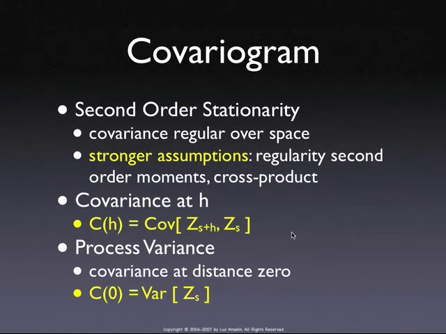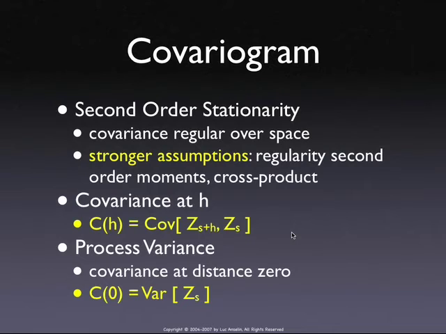Okay, the two other pieces are the covariogram and the correlogram. So the semi-variogram or the variogram dealt with square differences. The covariogram is very confusing. They all have vario in them, but they're really different concepts. The covariogram has to do with covariances, which are cross products. Okay.